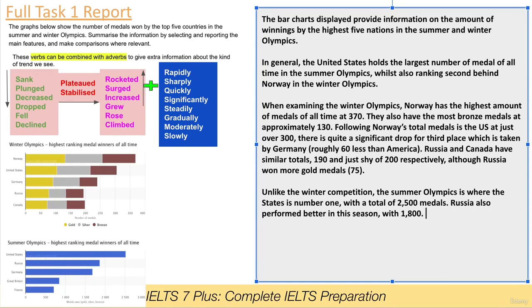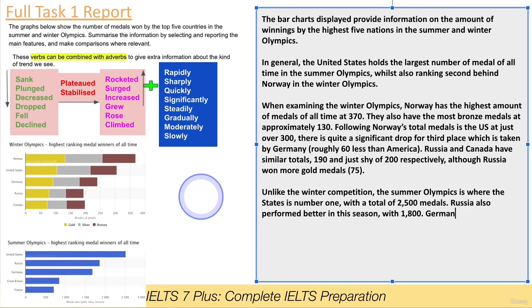And we don't always just want to state numbers. That's a little bit formulaic, so we can find different ways of talking about information. Maybe we can talk about Great Britain and France as they're much lower.